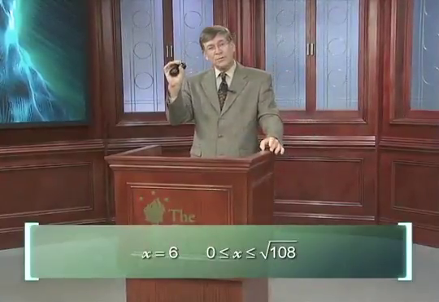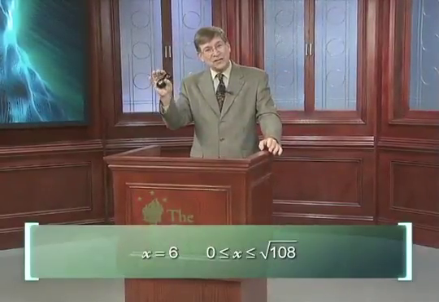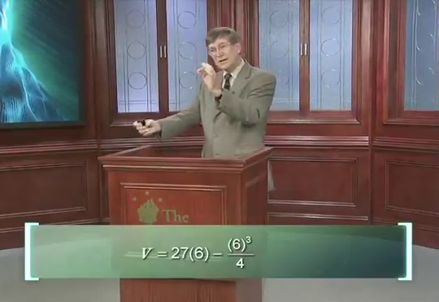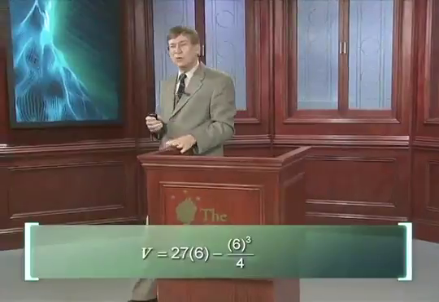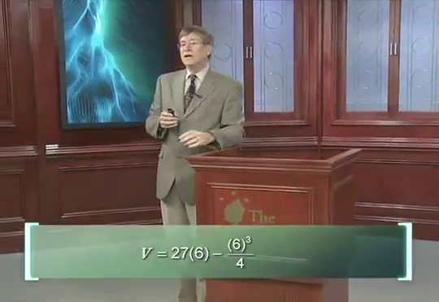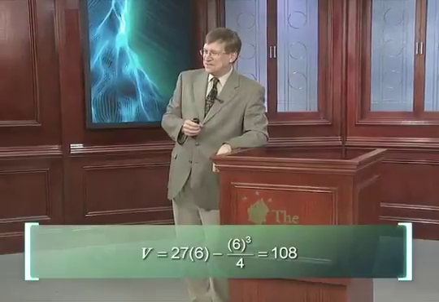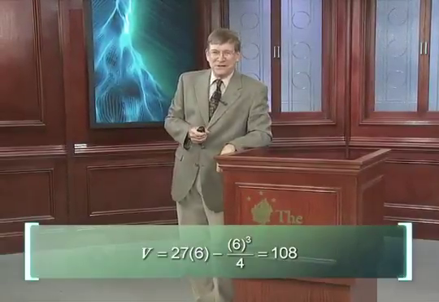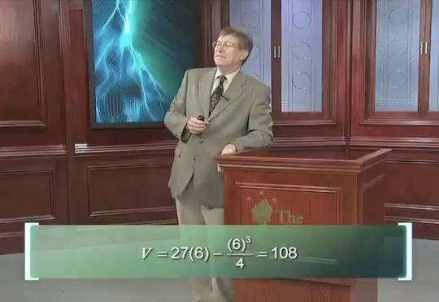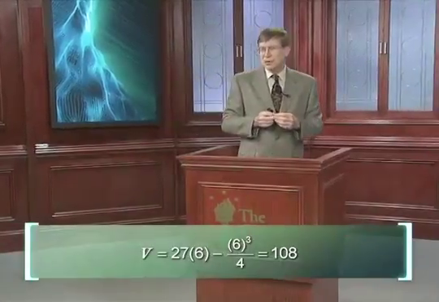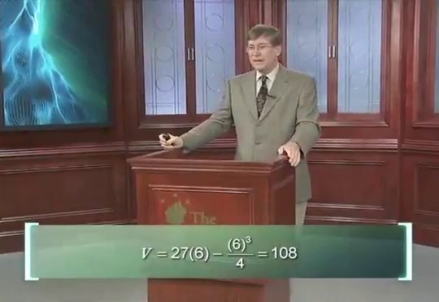So the volume at x equals 6 is definitely going to be the largest value, and if you plug 6 back into the volume equation, you'll see that you get an answer of 108. Kind of a coincidence, isn't it, that the fixed surface area was 108 and the volume turns out to be also 108 cubic feet. Cubic inches, I guess we're using here.